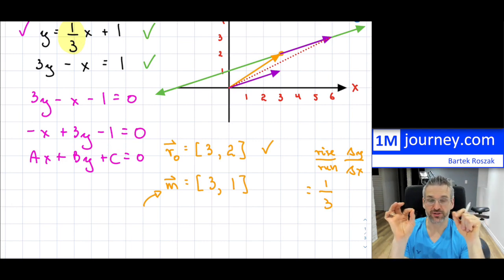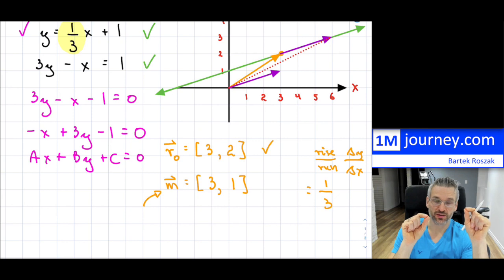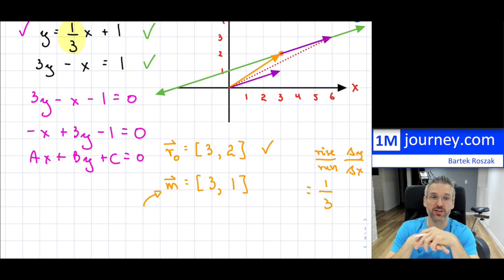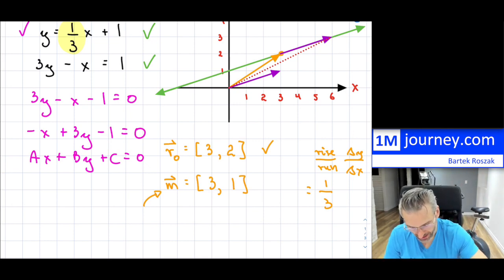The initial vector which touches the line is not going to change. But if you now scale the vector itself, that M vector, and make it bigger or smaller, then you're going to be finding all the points on this particular line. So that's what's going to happen.